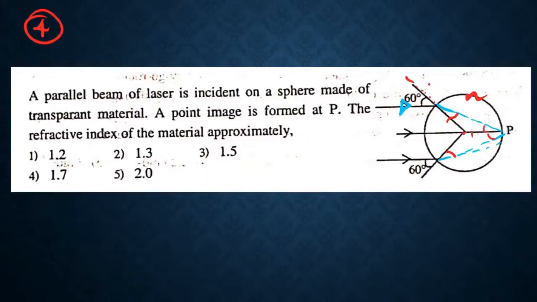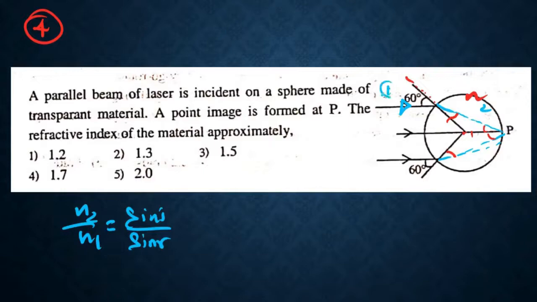Yes, if we apply this equation, n2 over n1 equals sine i over sine r. So this is the second medium, this is the first medium, right? So it's basically n equals sine 60 over sine r. We have the r value and we have the answer. So how do you find the r value? That's the question we have here.